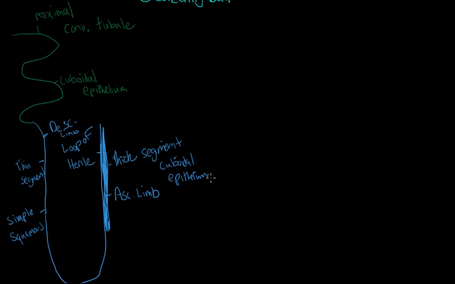That ascending loop is then going to run into the distal convoluted tubule, and we're still within the nephron here, that first portion. So let's follow this over here and draw our distal convoluted tubule.